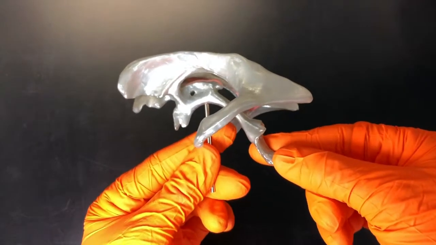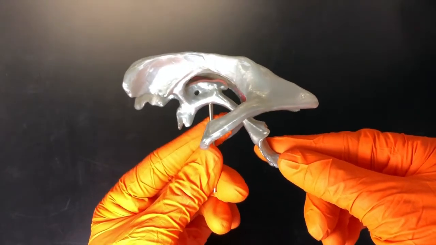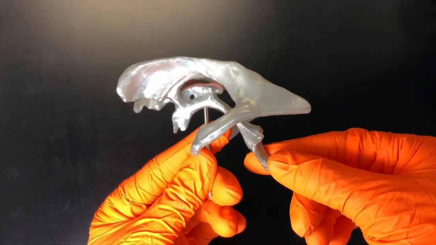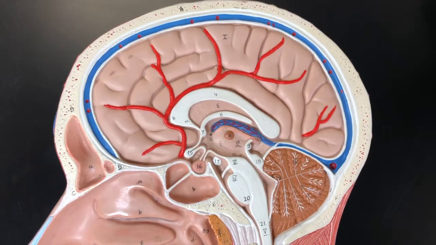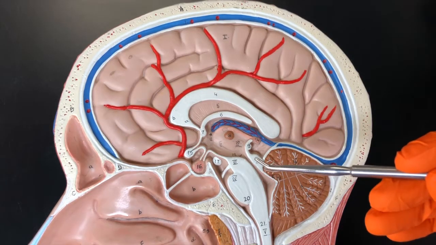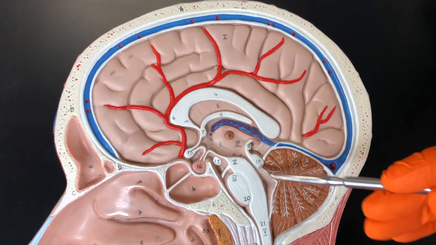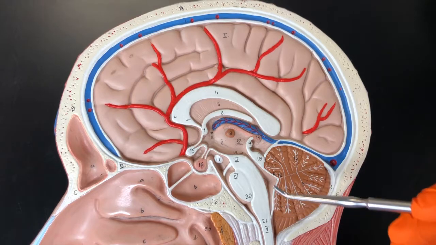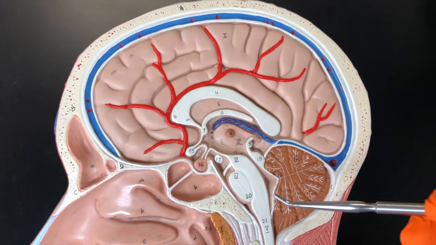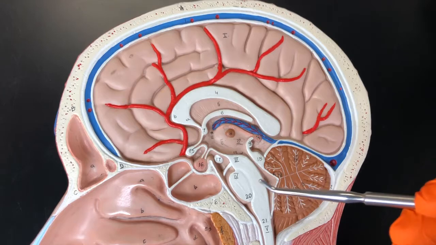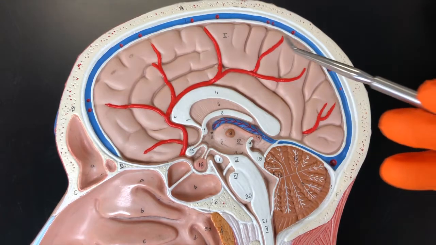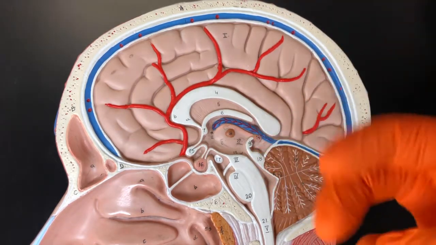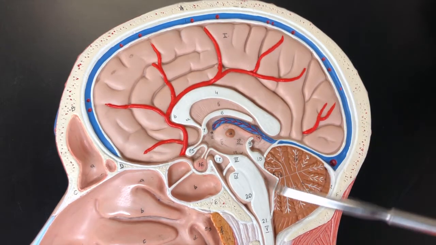So beyond the fourth ventricle, let me grab another model to show you how that fits together with the subarachnoid space. All right, so on this model here, here's that cerebral aqueduct, that fourth ventricle, and then it will go into the subarachnoid space, which remember, the arachnoid mater is the middle meninx, the middle meningeal layer, and beneath that is the space called the subarachnoid space.